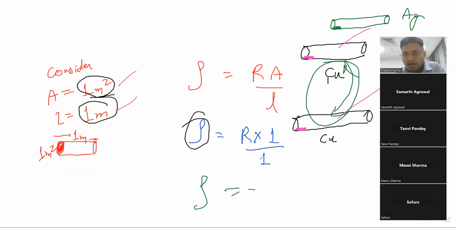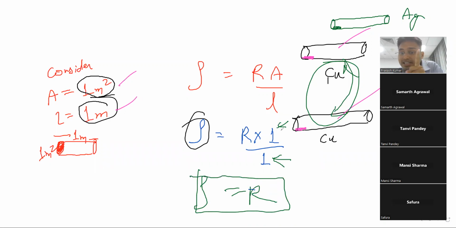See, R equal to rho L by A. I had put A as 1 and length as 1. So what will you get? Rho equal to R only. These two are equal, on the condition that you are taking the area 1 and length 1.